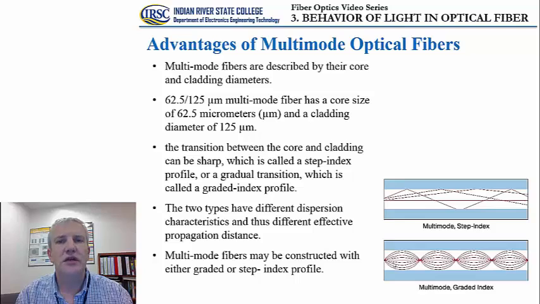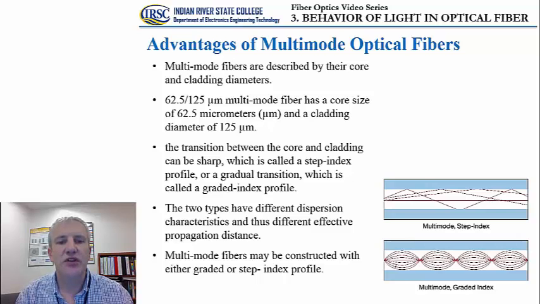Similar to single-mode fibers, multi-mode fibers are also described by their core and cladding diameters. In this case, 62.5 micrometers is usually used as a core, and the cladding has a diameter of 125 micrometers. You can compare these numbers, 62.5 micrometers as a core size in a multi-mode fiber, to the 8 to 10 micrometers core size of a single mode.